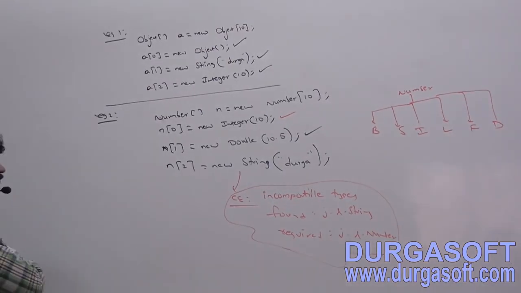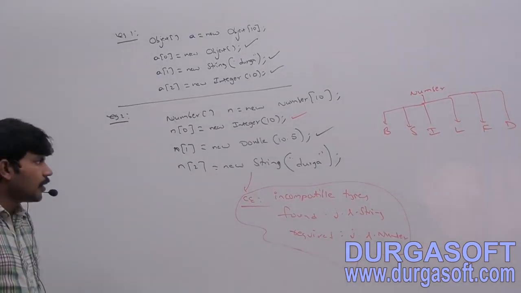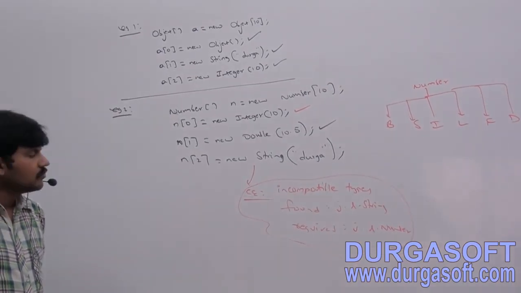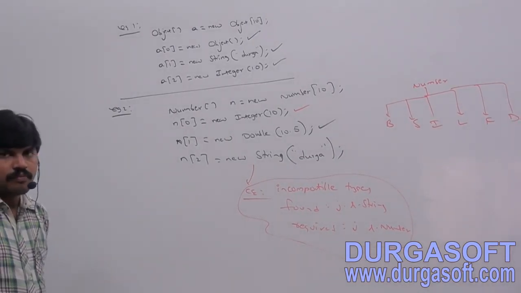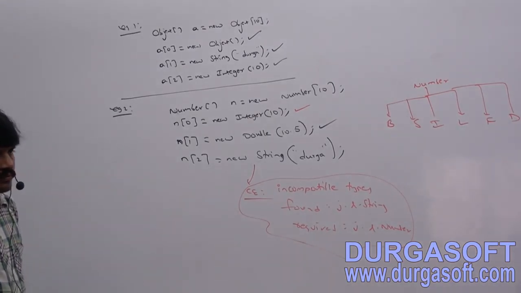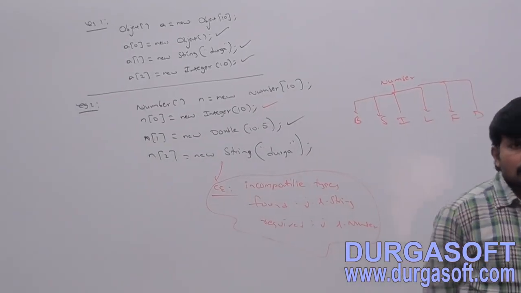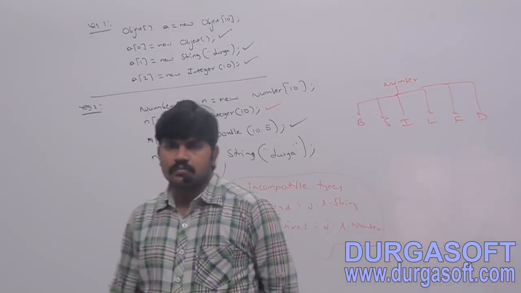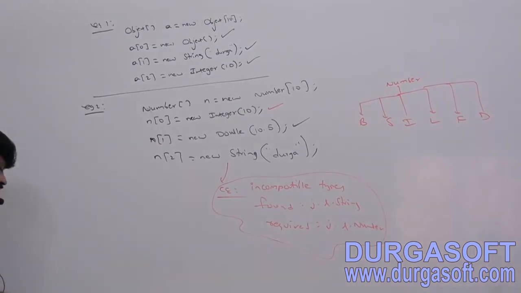N of 0 is new integer of 10, and the next is new double of 10.5. Now it is clear for you people, right?